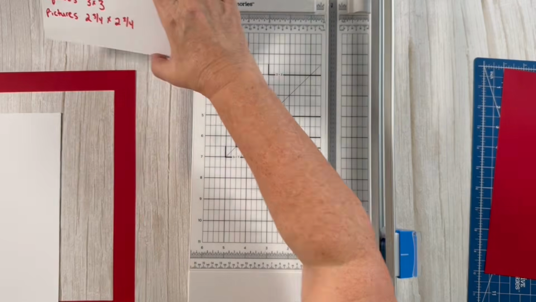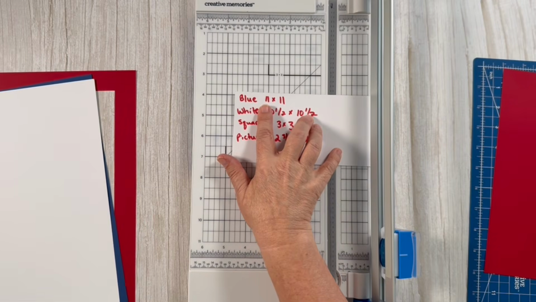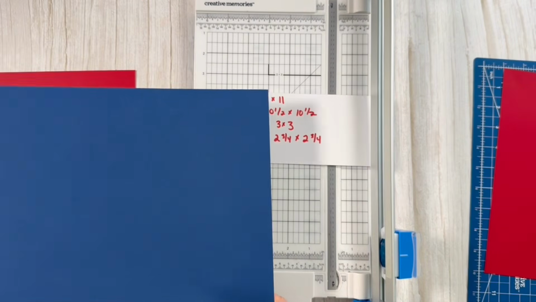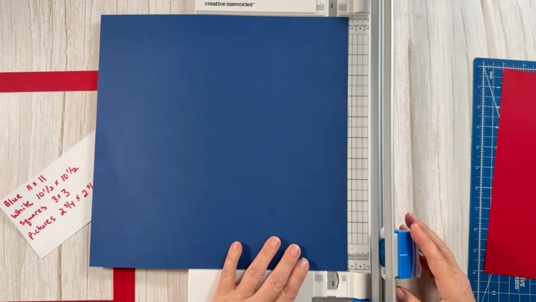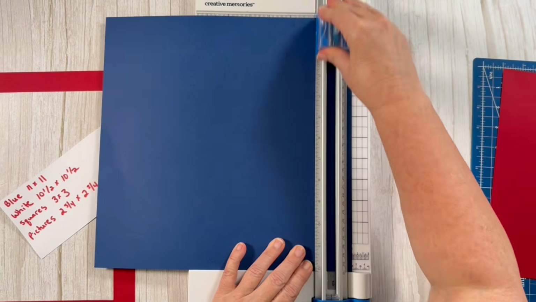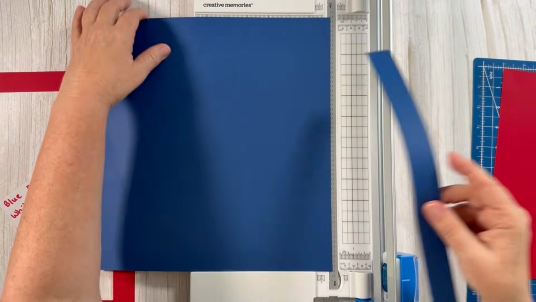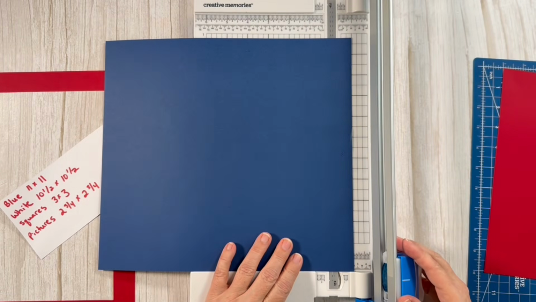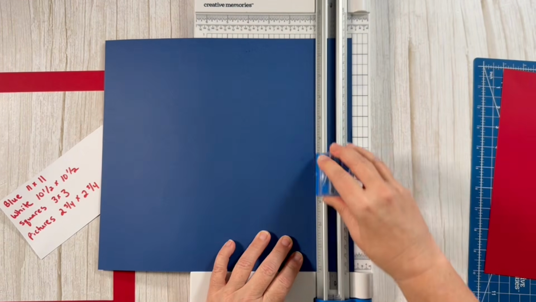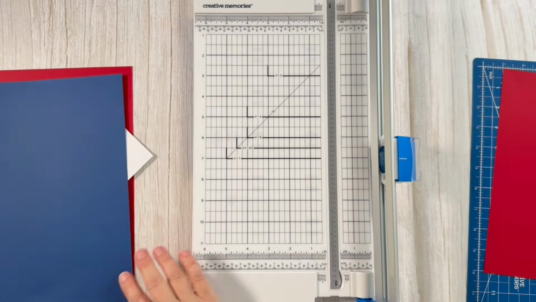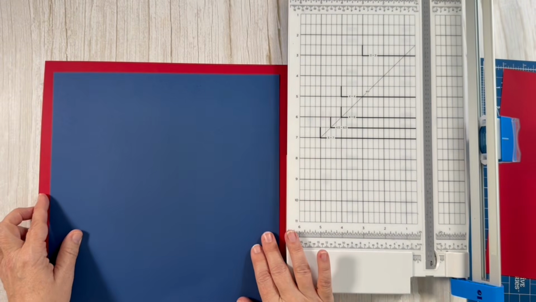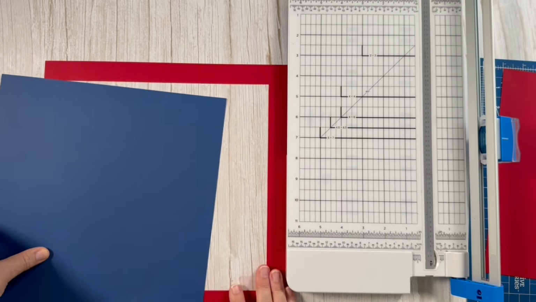Now, the next square that I'm going to do is blue, and I want to have a little bit of a frame, so I'm going to cut that to 11 by 11. So I'm basically just cutting 1 inch off of both sides. Again, this becomes scrap, and this becomes scrap. So this will go on top of my red frame, but again, I don't need the center of this.